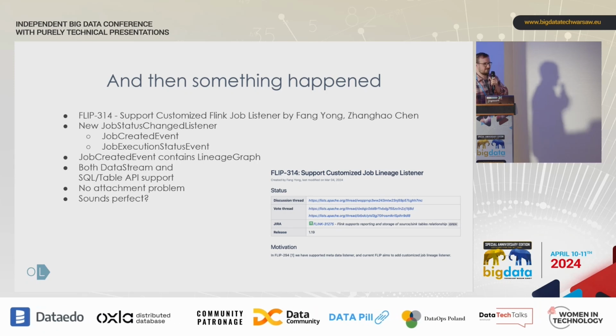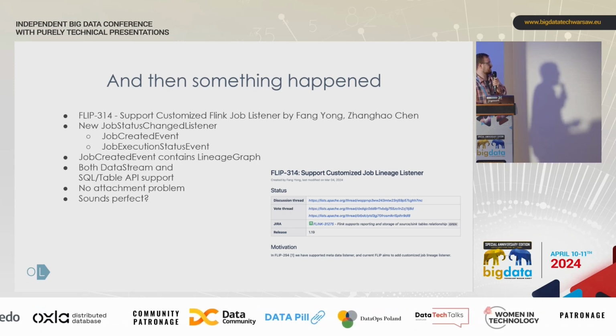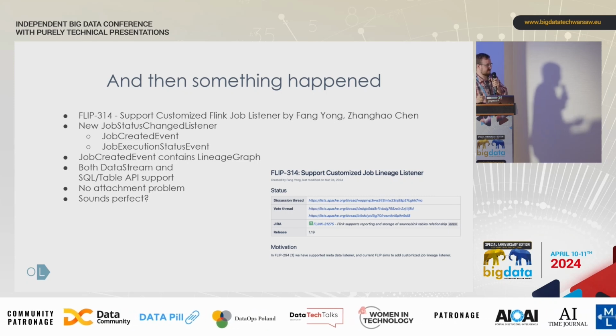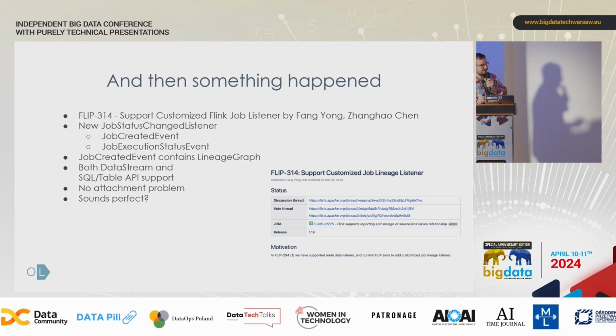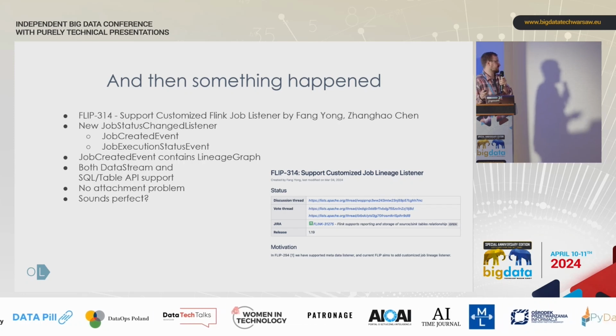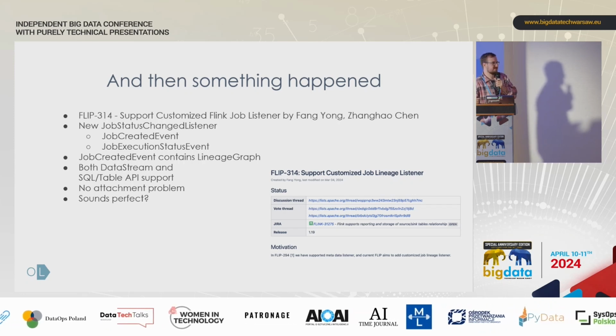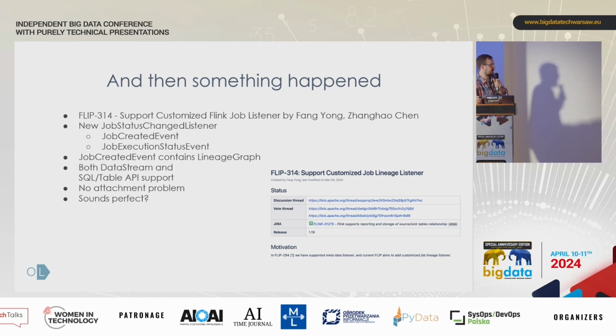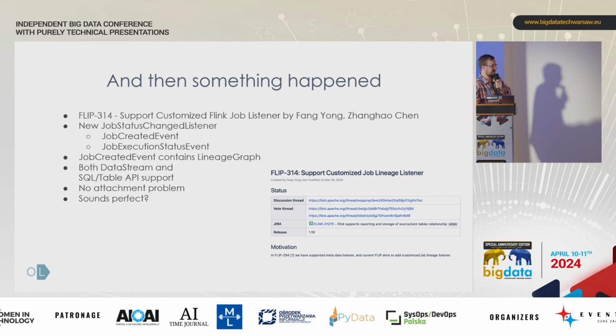It has a new API, the JobStatusChangeListener. It contains a structure called LineageGraph, and it has both DataStream and SQL/Table support, no attachment problems, and none of the limitations we had. So it sounds perfect, right?